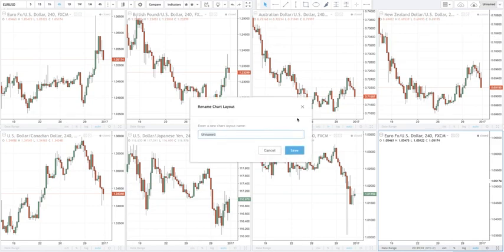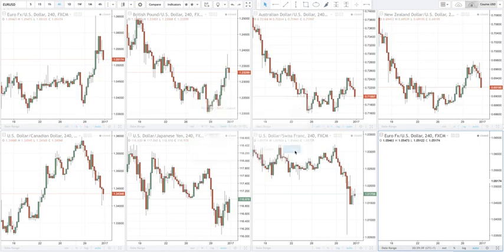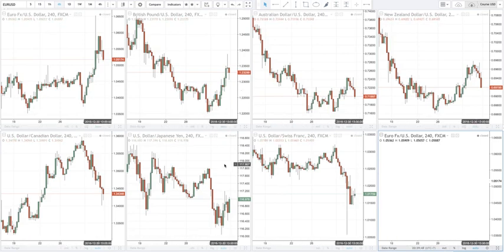I'm gonna call this course US dollar. Okay, so I have saved it. So every time I pull up this layout, I know my entire US dollar is gonna pop up because I'm gonna have to keep saving it for every single currency, and not all of them, but the 7 that I mentioned before.